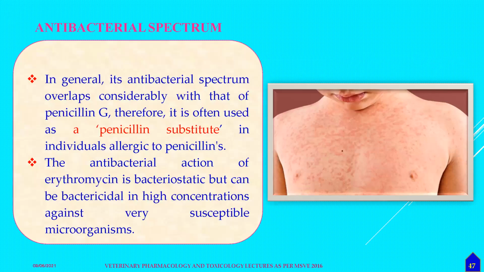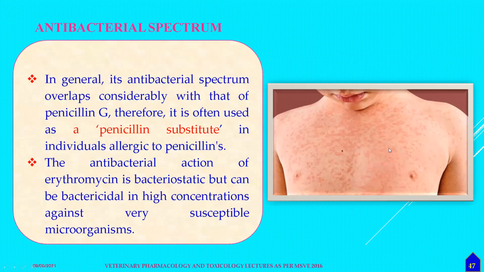In general, its antibacterial spectrum overlaps considerably with that of penicillin G. Therefore, it is often used as a penicillin substitute in individuals allergic to penicillin. Whenever a person has a penicillin allergy, it is a type 1 hypersensitivity reaction, and rashes over the entire body will happen.